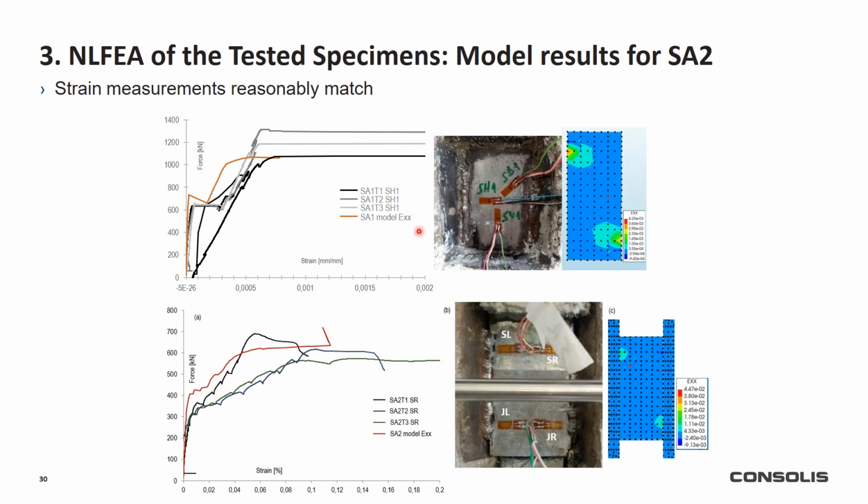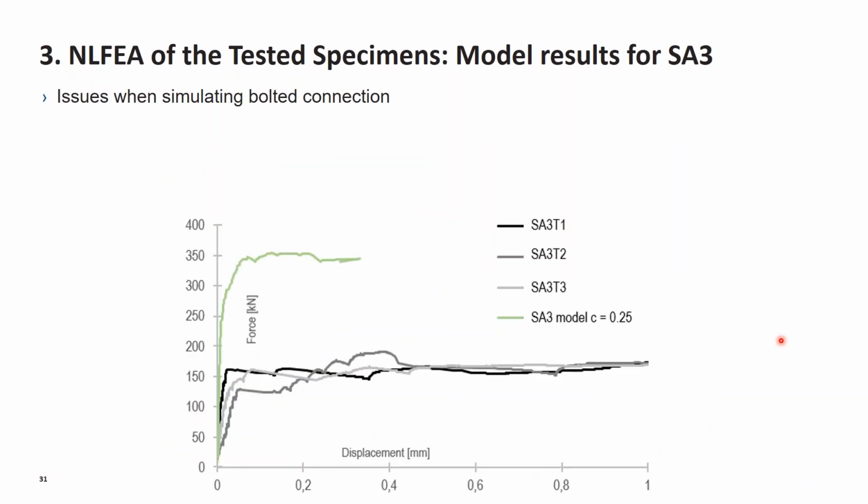We had strain gauges placed on the welded plates, and these are considered to be a reasonable match and inspire confidence into the models. Some issues occurred when simulating the bolted connection.